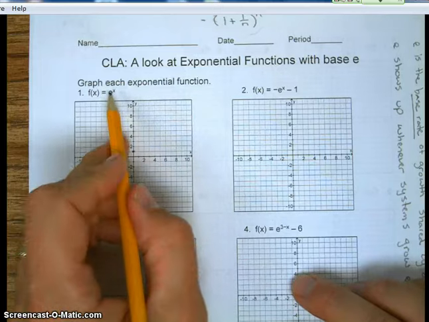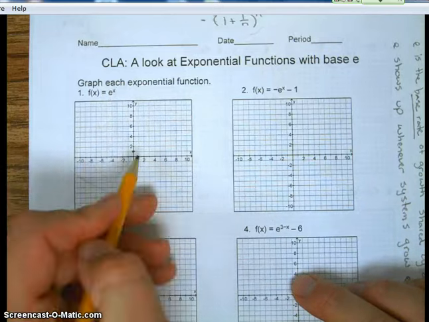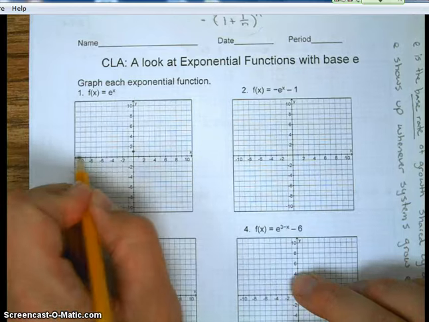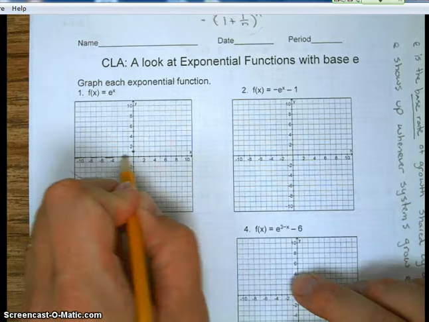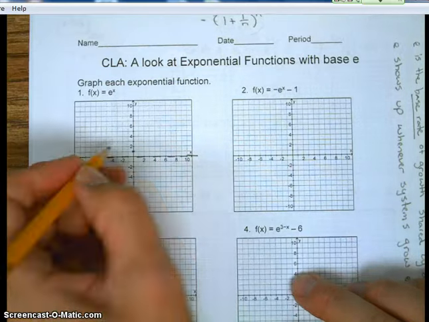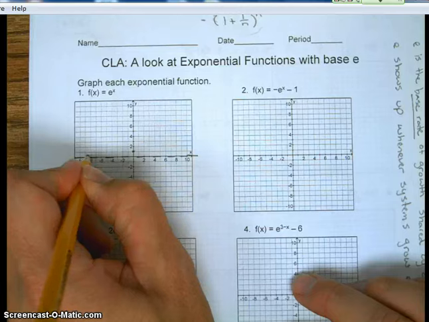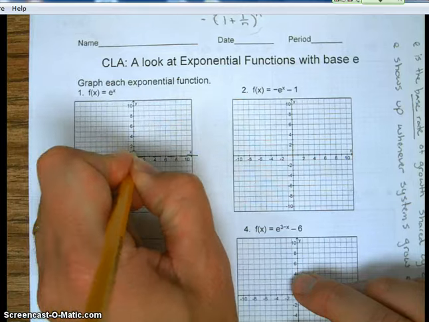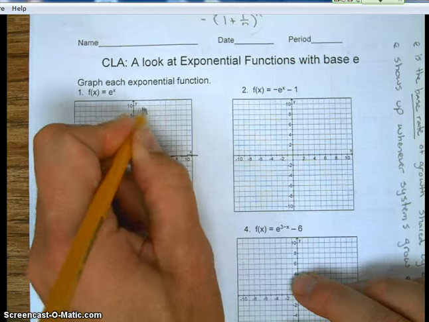Why? Because e to the 0 power is 1. Our k value is 0, so we still have our horizontal asymptote. And it's increasing, so we're going to start here close to the asymptote. And once we hit that point, we curve it right up.